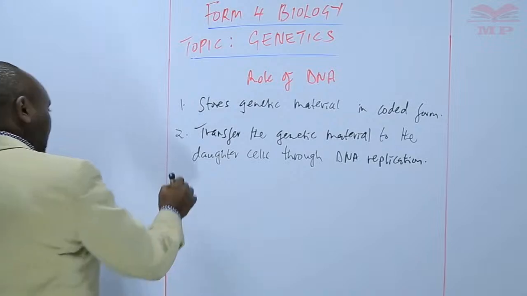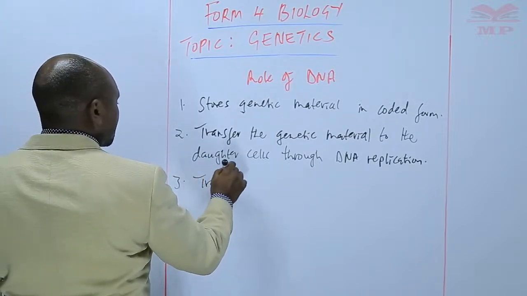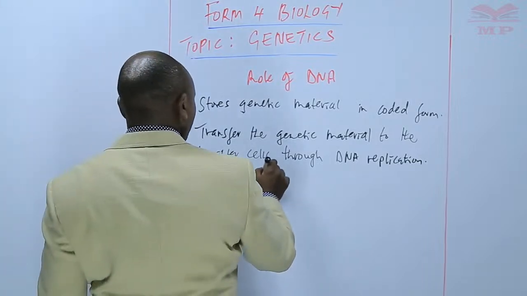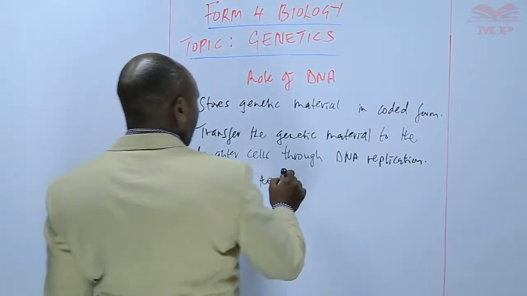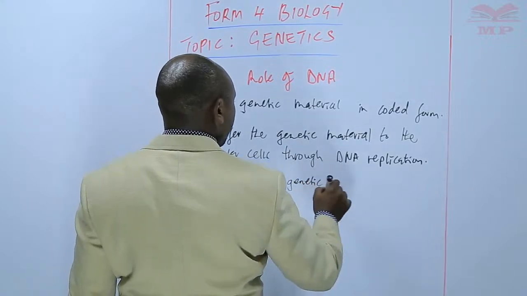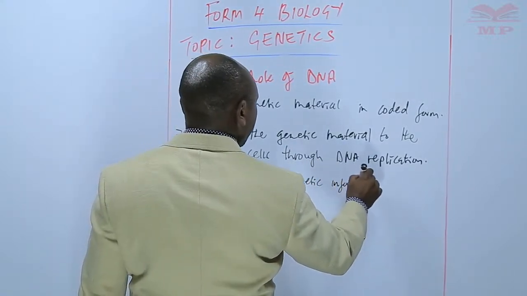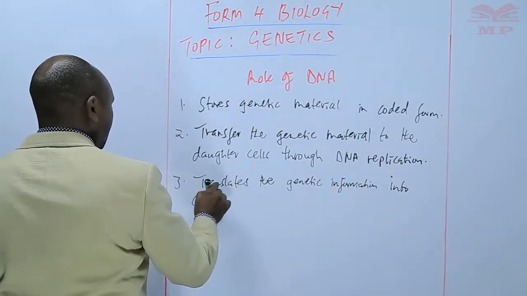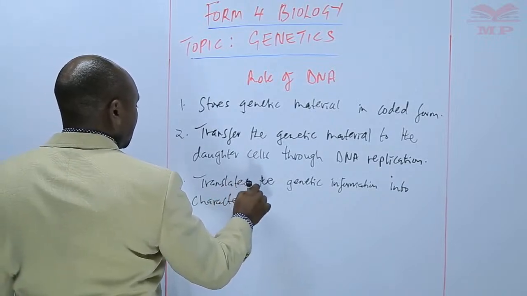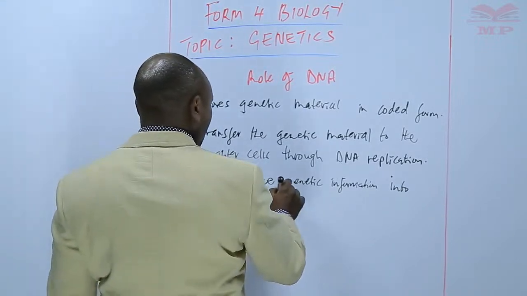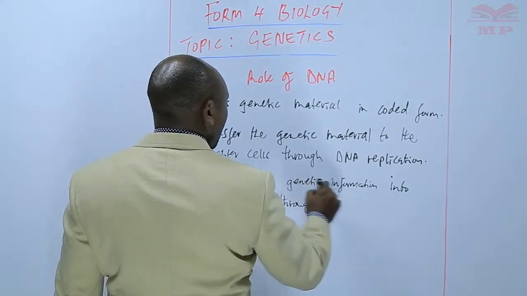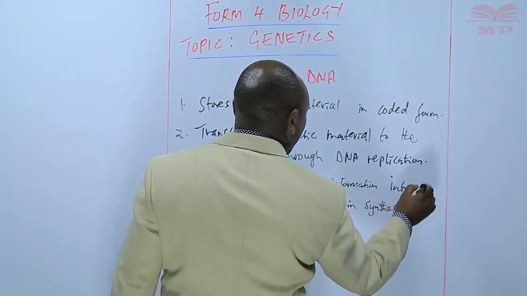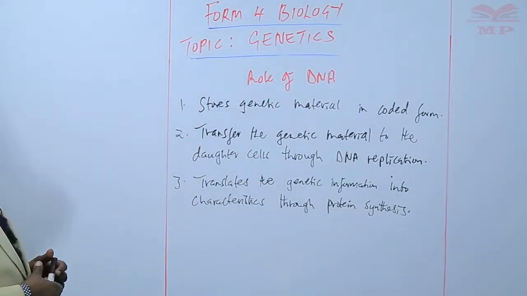And lastly, number 3, it translates the genetic information into characteristics through protein synthesis. So those are basically the 3 roles that are played by the DNA.